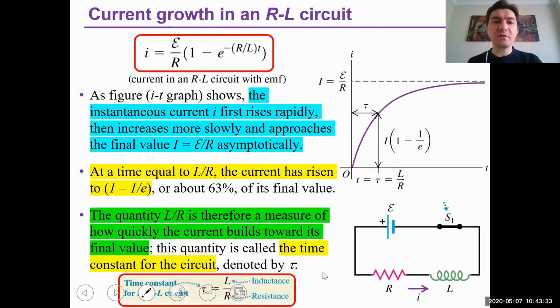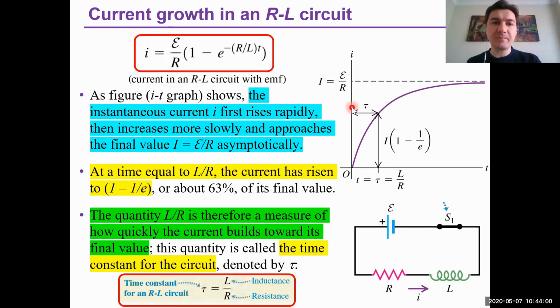So now let's have a look at the behavior of current as a function of time in that graph. Here we have time and here we have current, and current changes by time like this. This is the maximum current in that circuit, which is given by E over R. We have already done it.